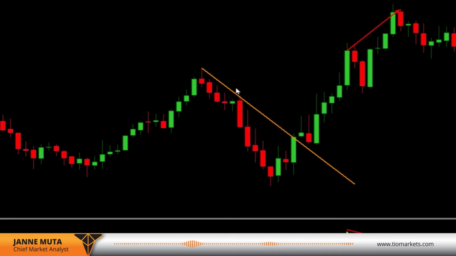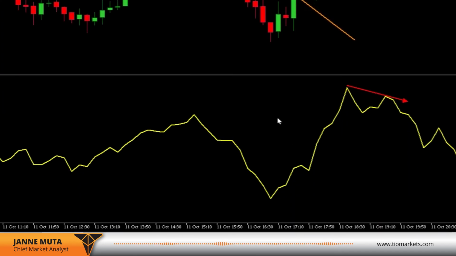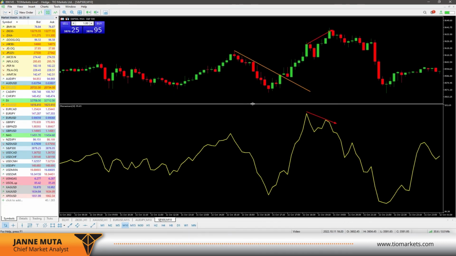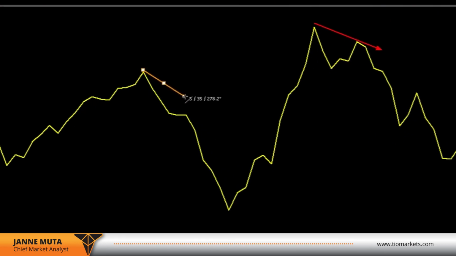And after the price has broken above this trend line, that downtrend isn't in force anymore, but the price is ready to move higher. Let's see what the momentum indicator gives us if we study the 10 period momentum here. I'm going to make this a little bigger now, and I'm going to do the same analysis here in the momentum indicator.